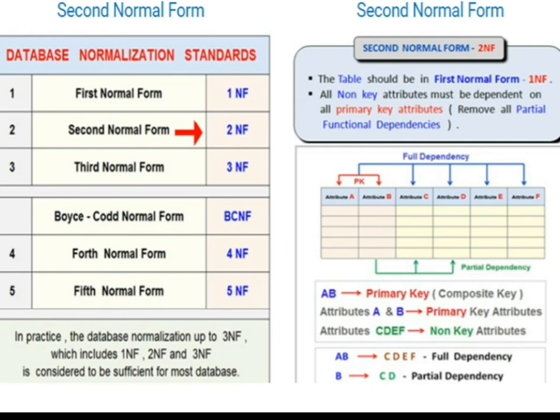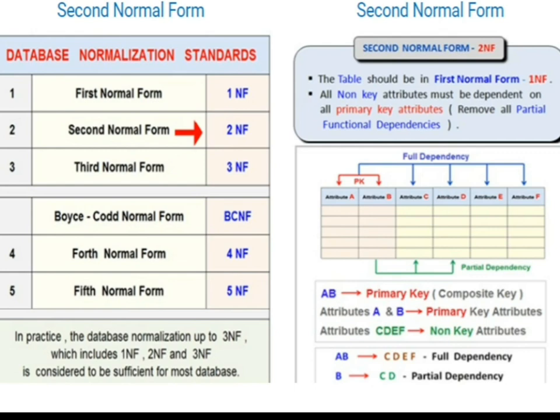The second property is that all non-key attributes must be dependent on the primary key attribute. It means we need to remove all partial functional dependency. Now, what is partial functional dependency? In every table we have one primary key, and all the rest of the columns can be identified by using that primary key.